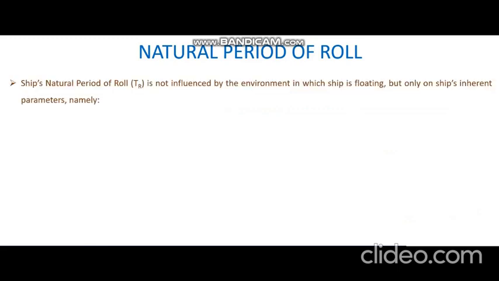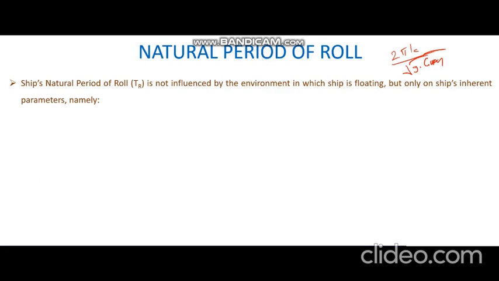Ship's natural period of roll, if you see this formula, it is very evident. It's 2 pi k under root g GM. This formula is not influenced by the environment.